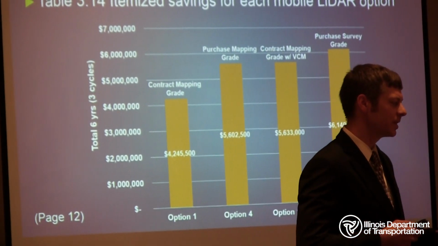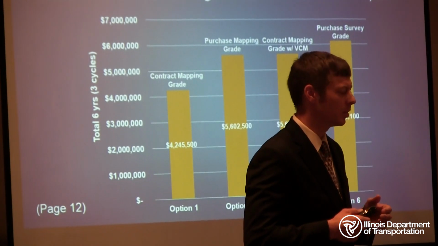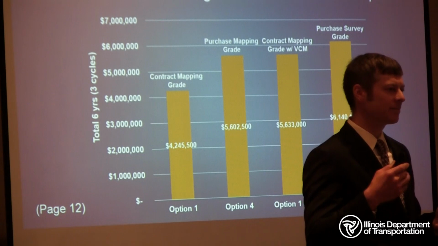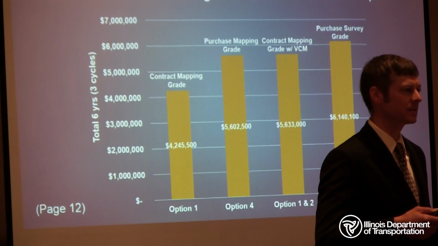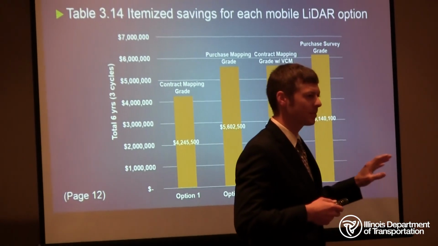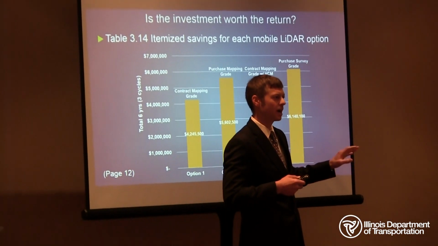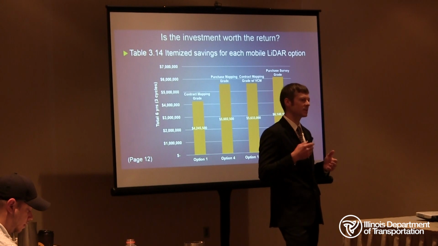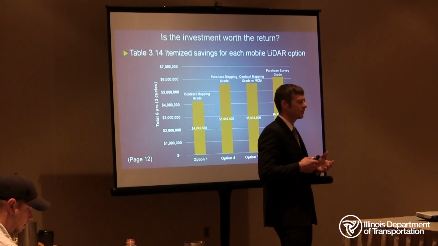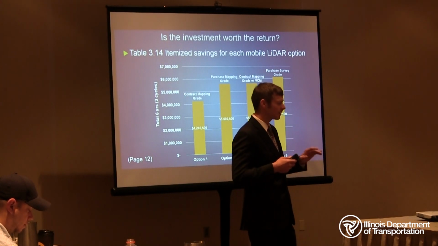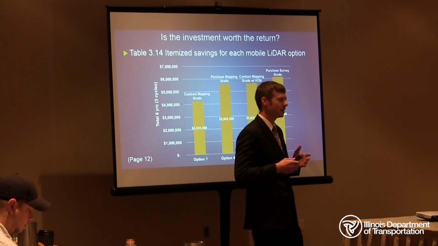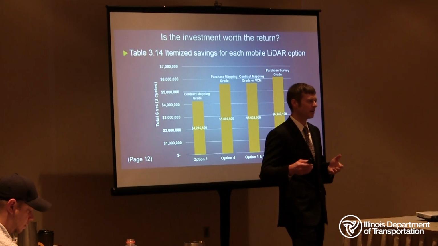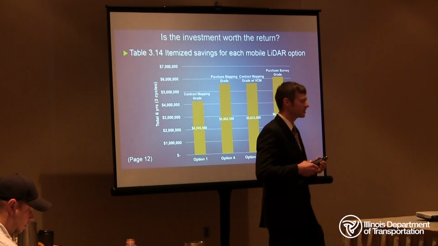Options 1 and 2, which was contracting mapping grade mobile LiDAR with acquiring the vertical clearance measurements: again, $5.6 million in potential savings. And let's compare that to option 6, which was purchasing and operating the survey grade mobile LiDAR system. Potential savings of $6.1 million. Now, if you remember from the previous slide, the last 2 options were pretty comparable in price, but now that we see the potential savings, survey grade mobile LiDAR has the ability to save us more money.